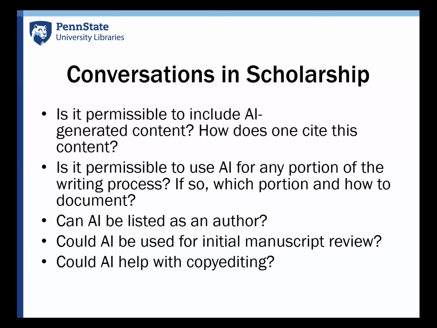Can AI be listed as an author? Is that okay? Is it permissible to use AI for the writing process? If so, which portion, and how do you document that? Does a scholarly outlet require authors to document use of AI through the writing process? Or to what extent?